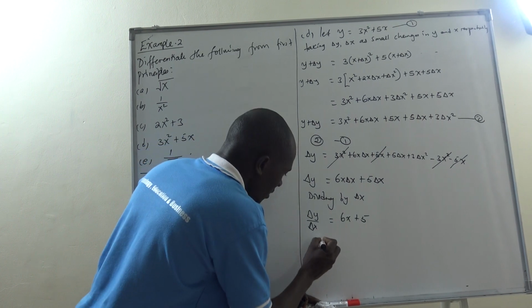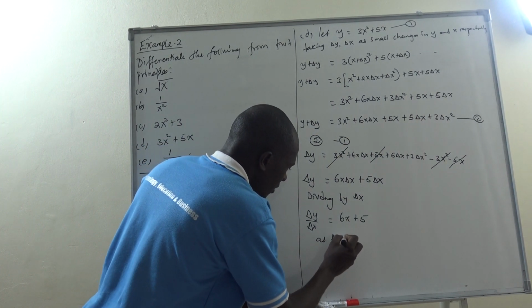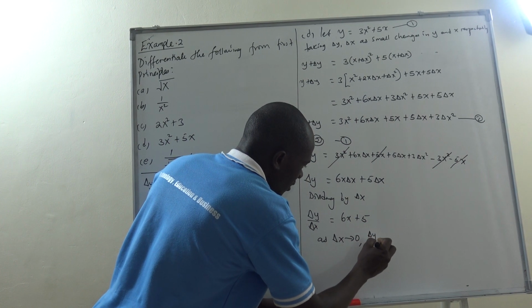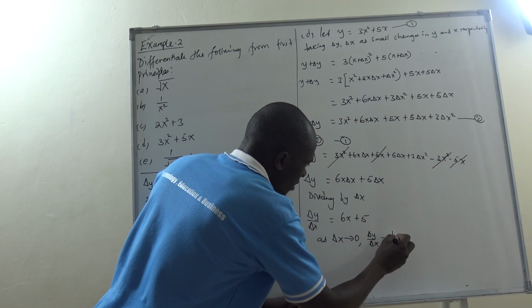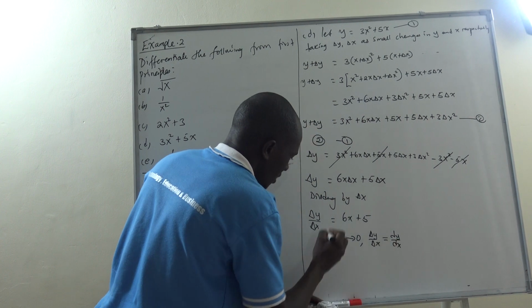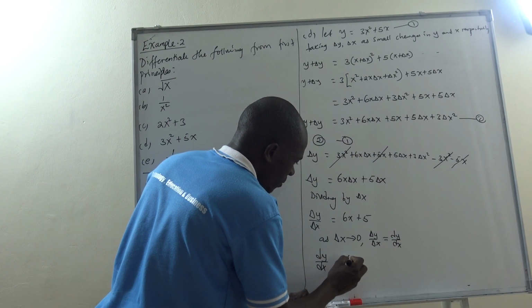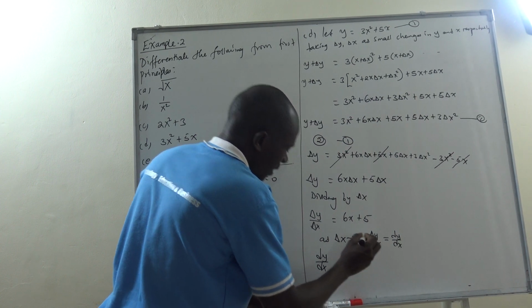Then we also say as delta x tends to 0, delta y over delta x equals dy dx. So we are having dy dx, which is equal to 6x plus 5.